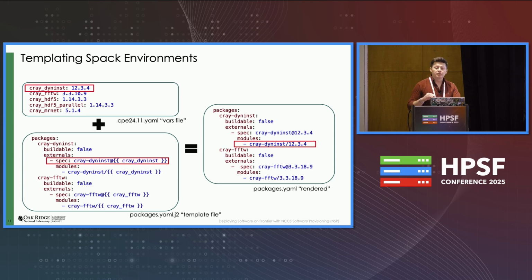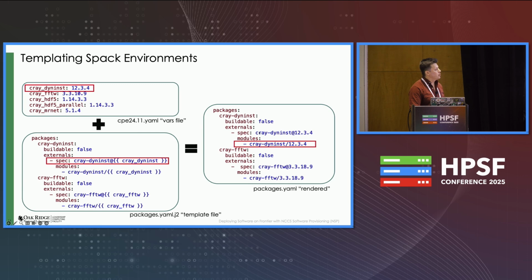But how are those files then created? Well, those files are created using what we call, I think this is something that Spack has, manifest in variables. So that will be the CPE applications in their corresponding version for a given CPE release. And then we will use these templates, the Ansible templates, that will have the placeholder for the version. And then we run the playbooks.